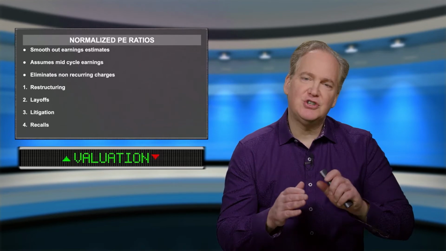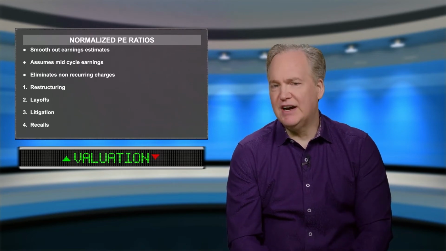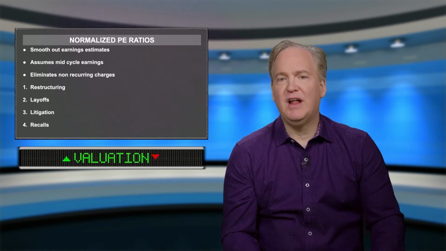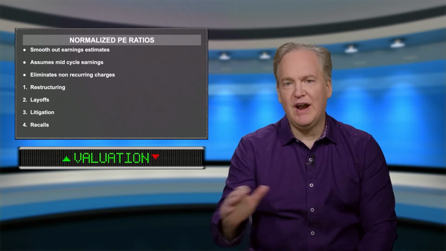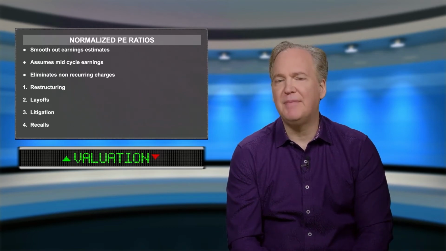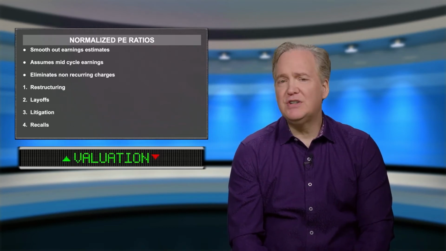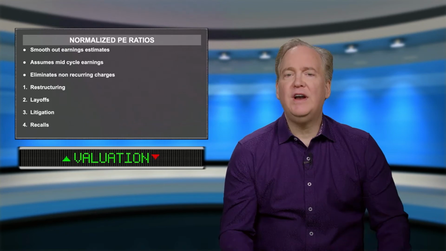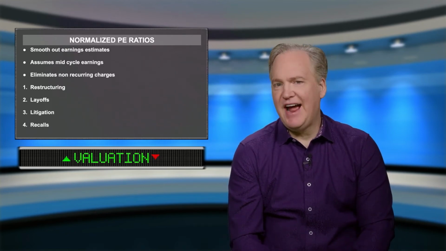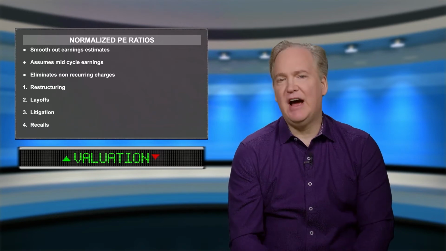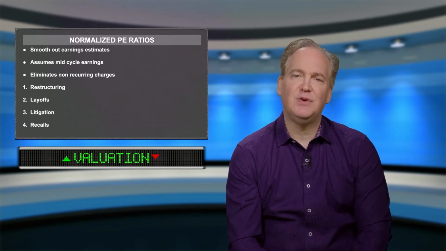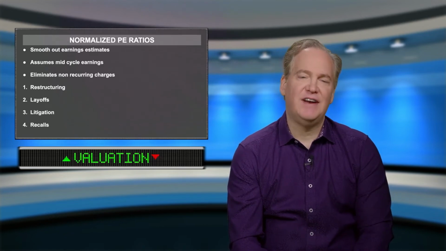So analysts will try to remove these items from the earnings to come up with normalized earnings, a smoothed out or an average earnings of what they expect over a longer period of time. Normalized earnings would also remove one-time positive events like the gain on a sale of an asset, because that's not really an operating activity. That's a one-time profit that the corporation realized by selling off an asset.